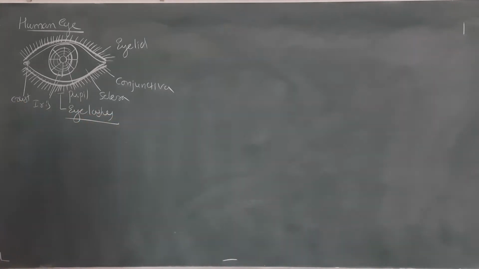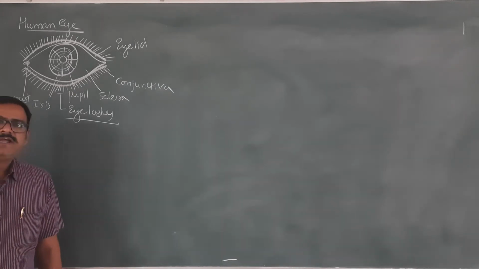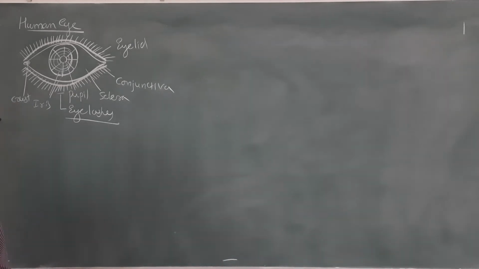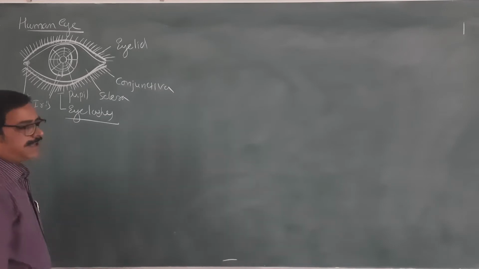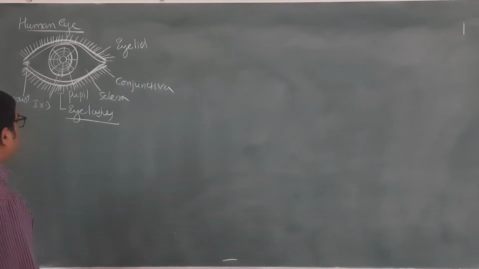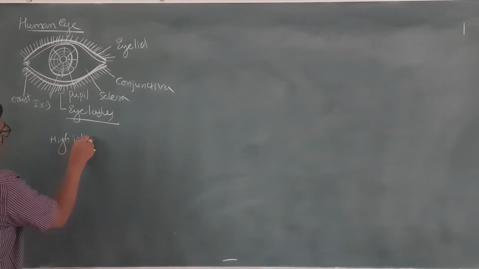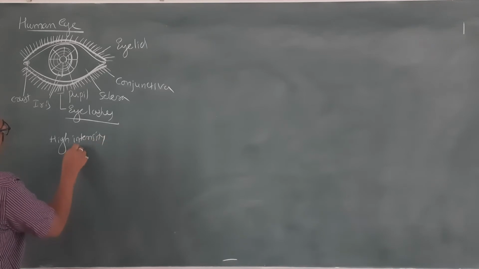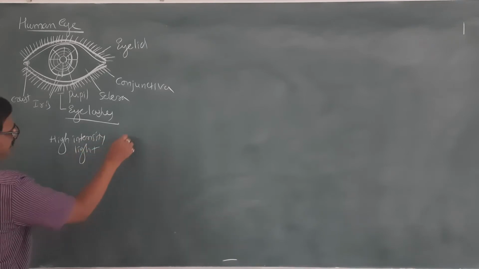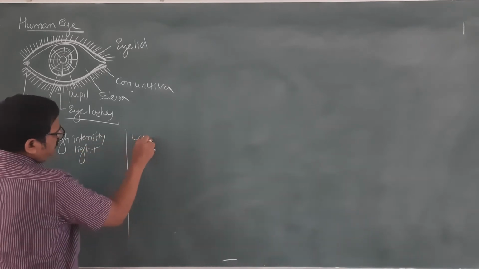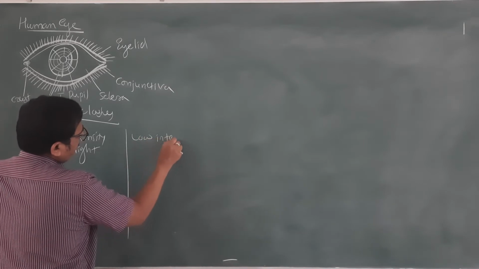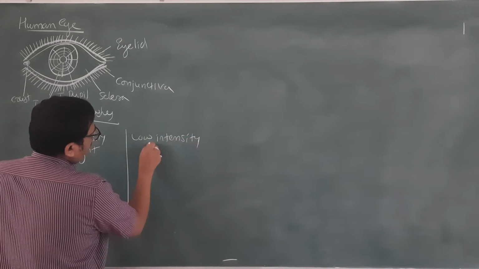We need to understand how the light gets accommodated, for high intensity light as well as low intensity light.